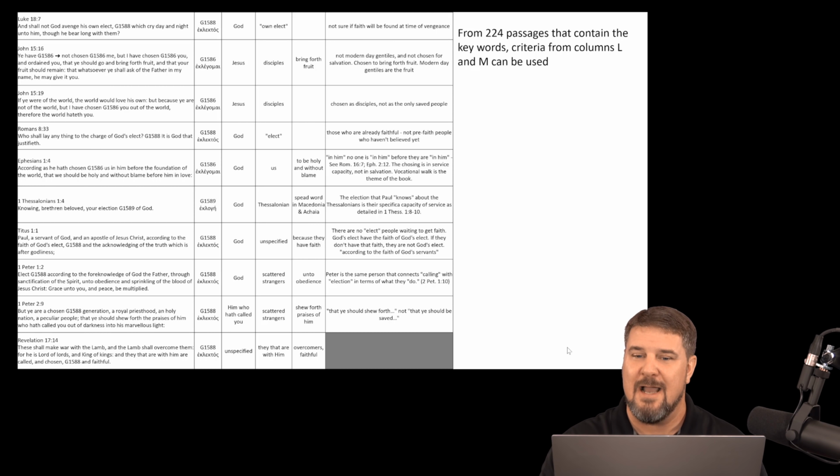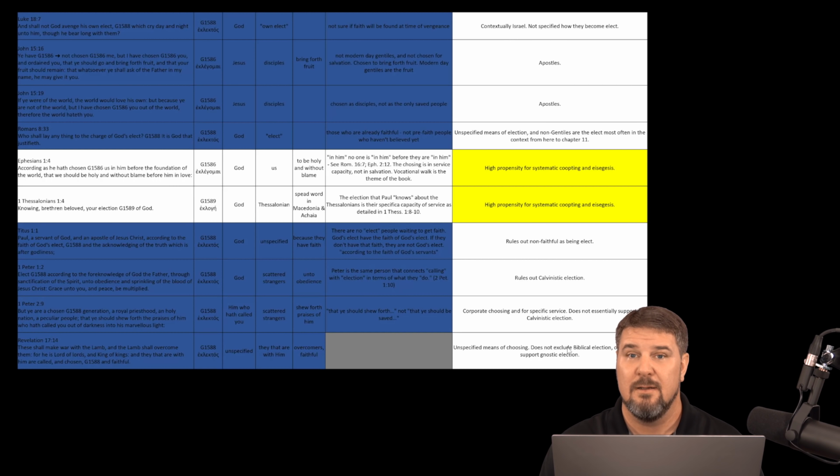And then if I look at the comments and the context and everything else, and I narrow it down even further, out of those 10, I can take it all the way down to just 2 out of those 10. That's what the data is good for. I can sort by the data that I've gathered from these passages and identify, okay, do these have something for or against Calvinism, and why?